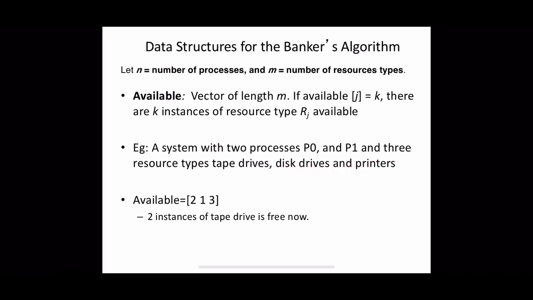If the value of Available is 2 1 3, that means two instances of tape drive are currently free, assuming that tape drive indicates the first position, disk drive the second position and printers the third position. So three printers are available now, or one disk drive is available now.